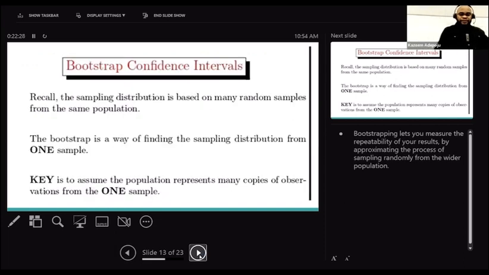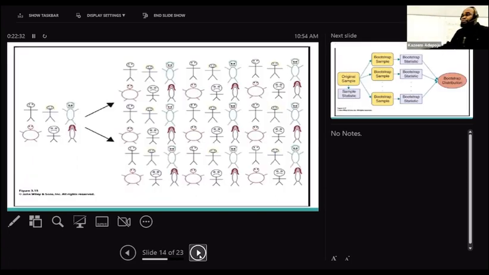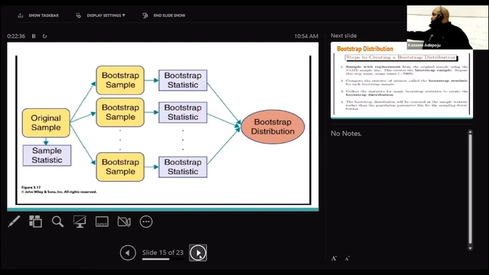Now, how does the bootstrapping work? I think I've already demonstrated that to you. We have several versions of that. This is the situation: we don't want to base our inference on just one sample alone. We want to have several versions of that.